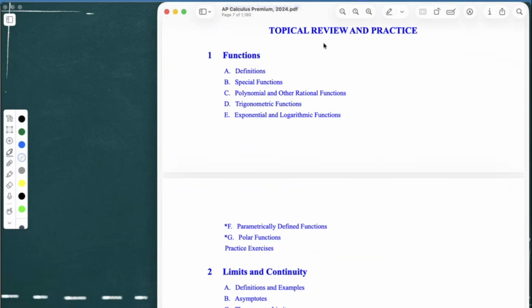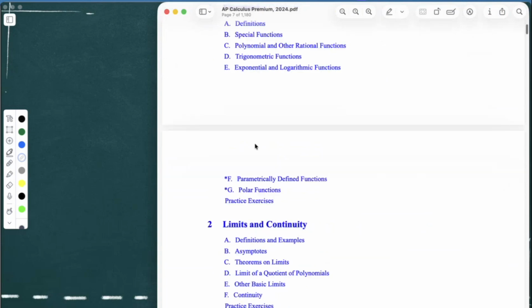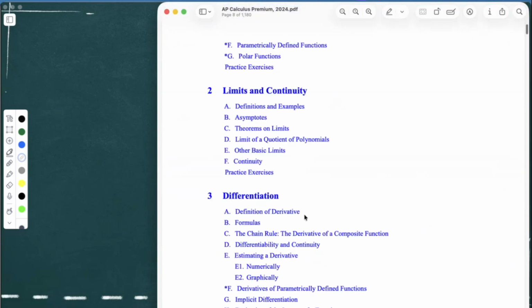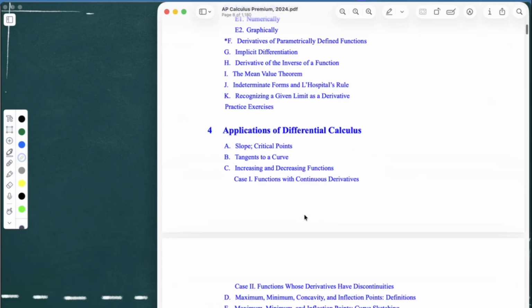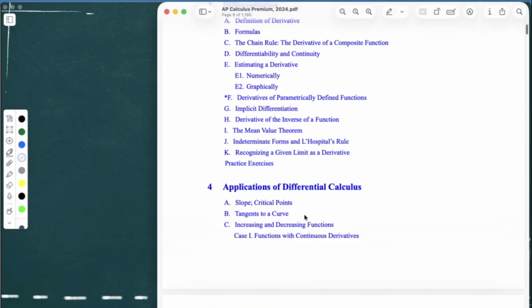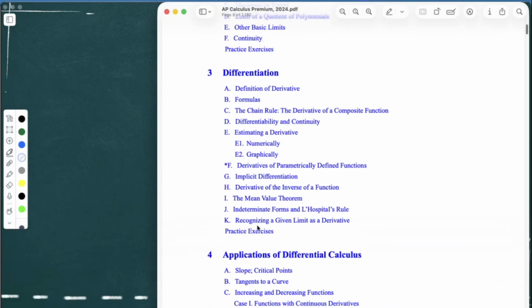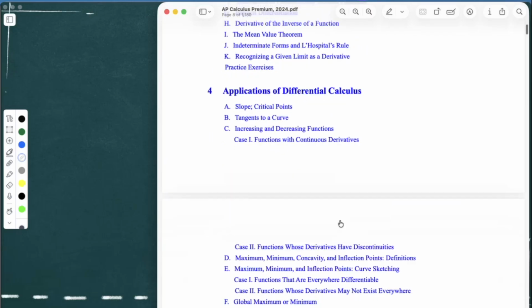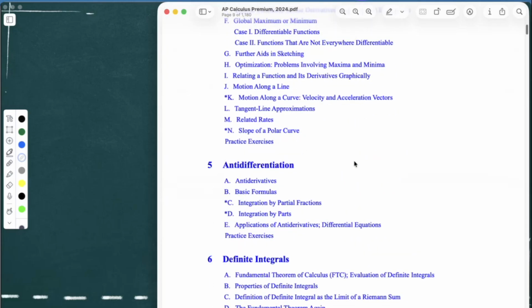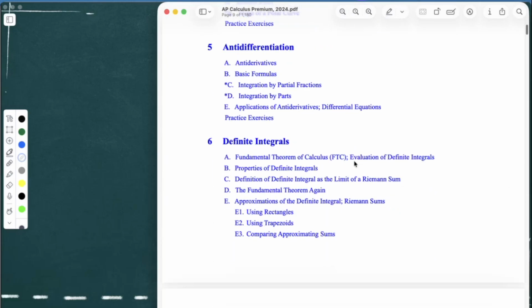These are the topic reviews and practice: functions, then limits and continuity, differentiation, applications of derivative. Basically up to differentiation, you may have done them. The application part you may have also done, but from here the new part actually starts. Application, anti-derivative, definite integration, you may have done them.